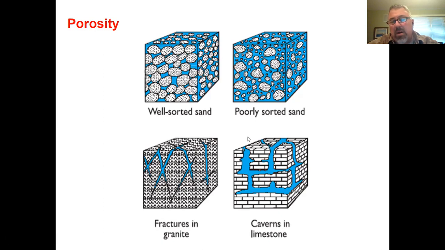But if we look at our limestone, a little bit like this granite, we have cracks in there. And when we drill a hole down to do a well, if we intersect one of these fissures or fractures in the rock, then we're able to get water, and water will flow through there. Just a real good diagram here.